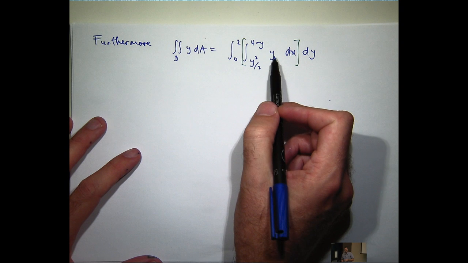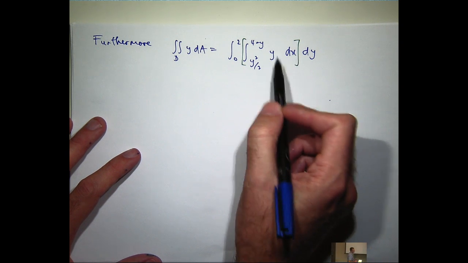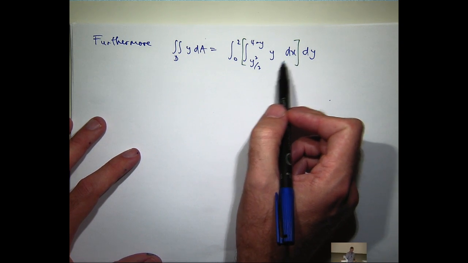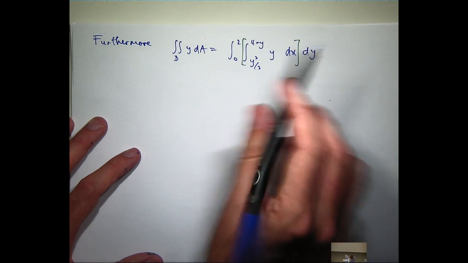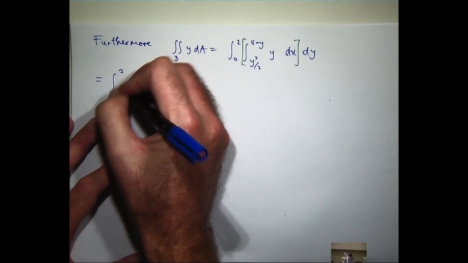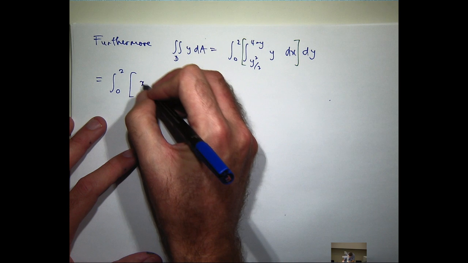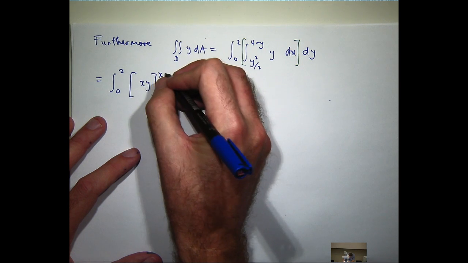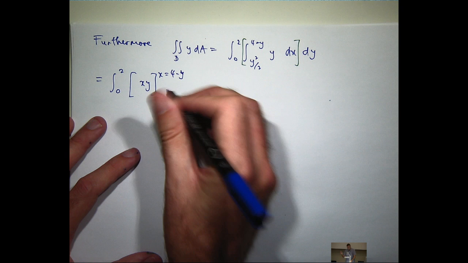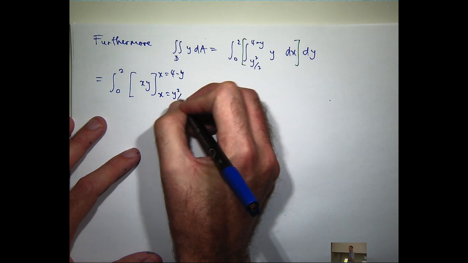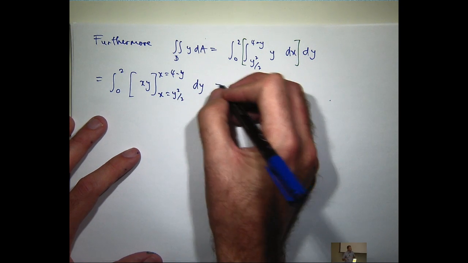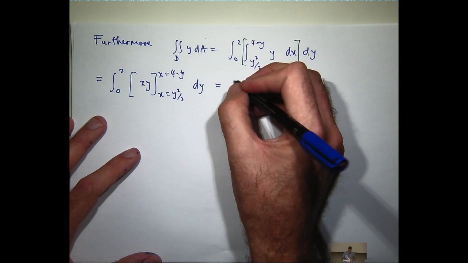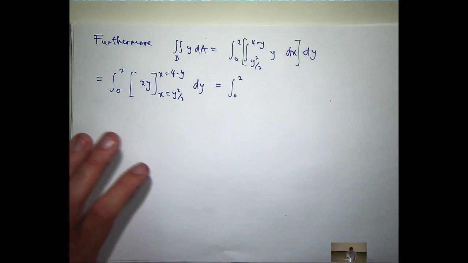Okay, so integrate with respect to x. So we hold y fixed, just treat it as a constant, and we're going to get xy when we do this first integration. Okay, so let's put those in, replace x with the following.